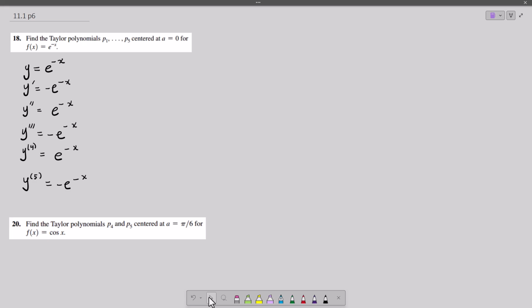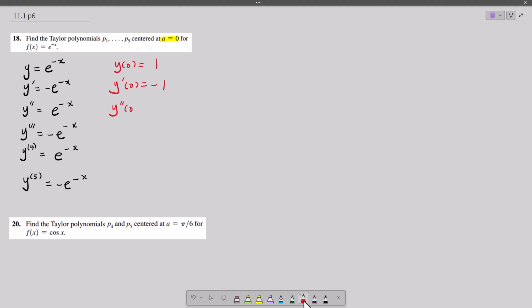If we're going to P sub 3, we'd have to go down to y triple prime. Now we want to evaluate each of these at the center that's been selected. We're told that we want to expand this function around the point 0. So that's our center, and we are going to evaluate each of these at 0. E to the negative x at 0 is 1. And then y prime of 0 is -1.